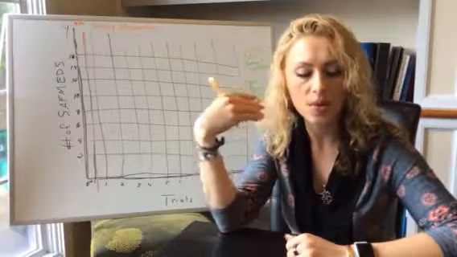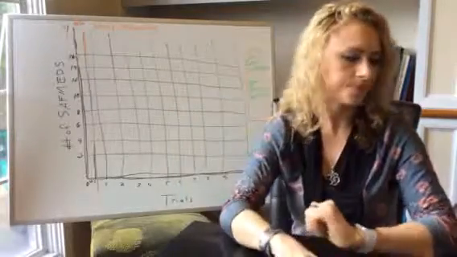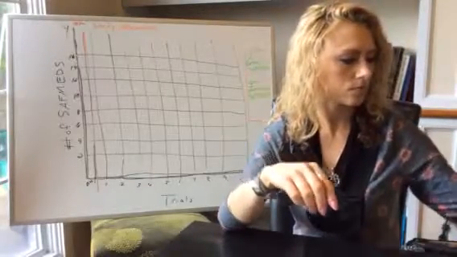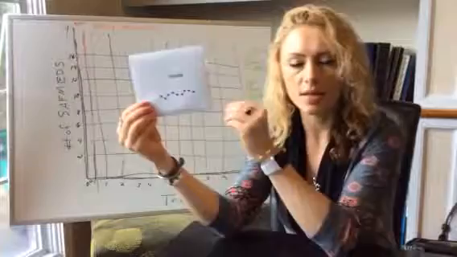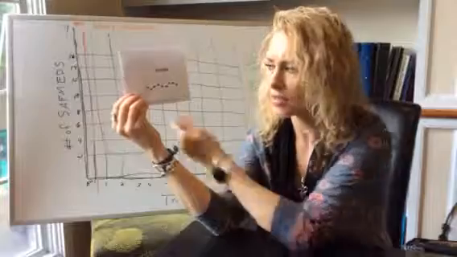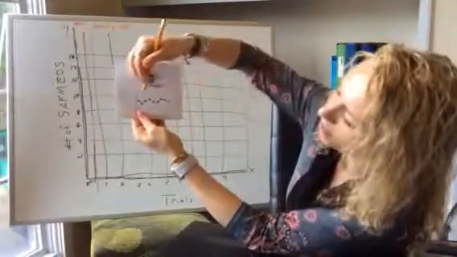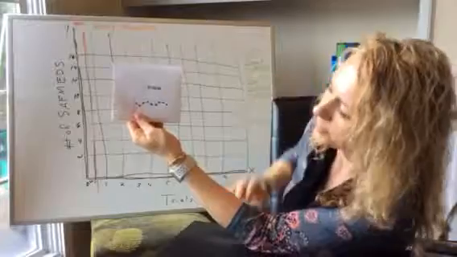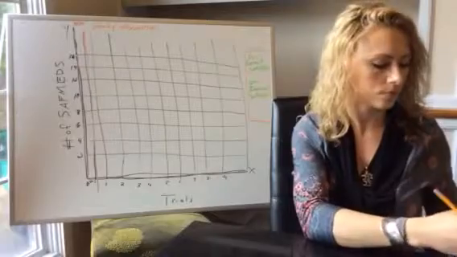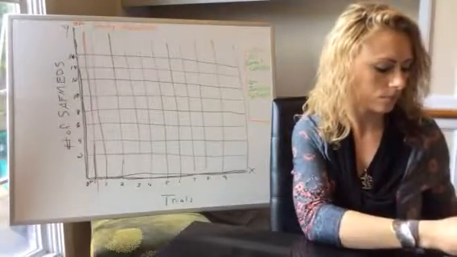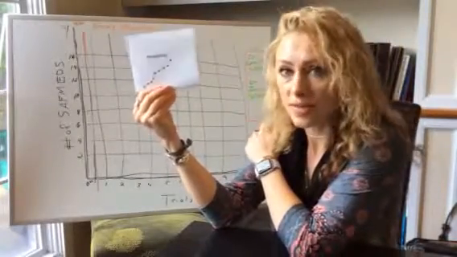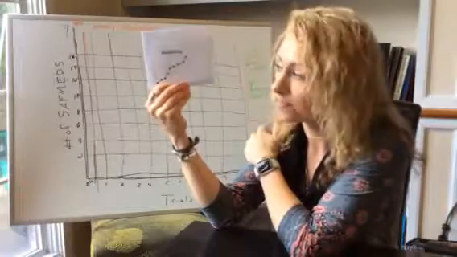All right, so let me give you some examples. This is what we would call a stable trend. Okay, it's not increasing, it's not decreasing. If you were to draw a line about through the middle of the points, it's staying the same, it's staying level. This is what we call an increasing or ascending trend.